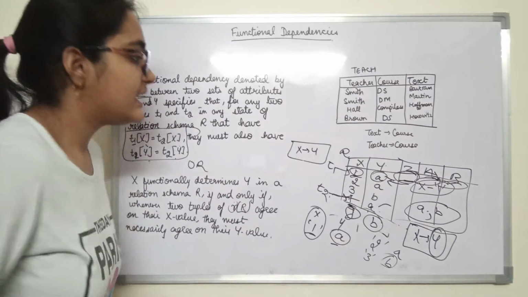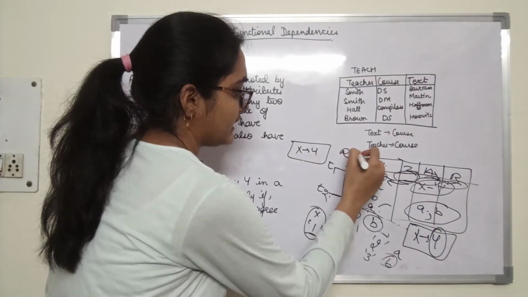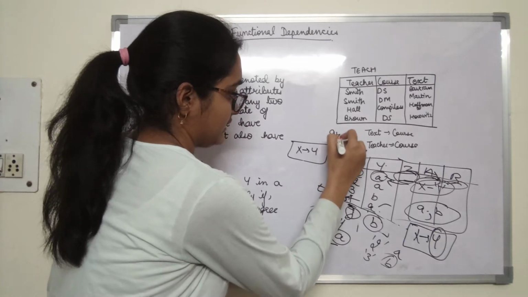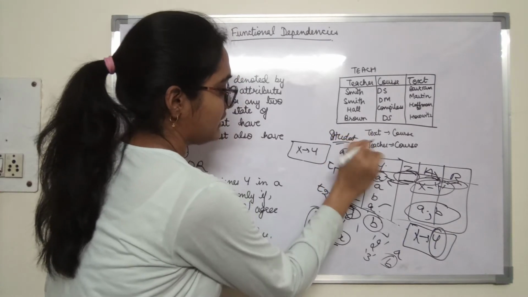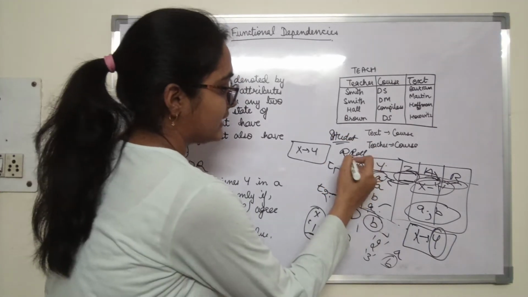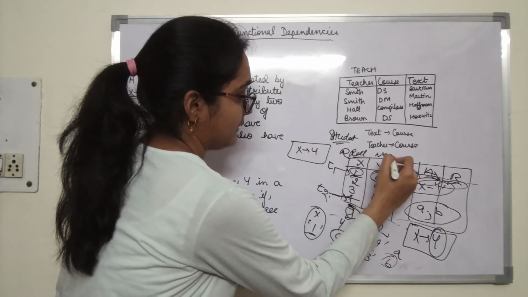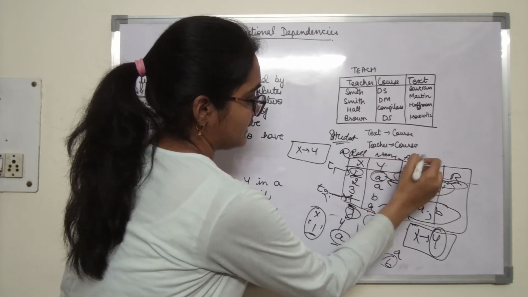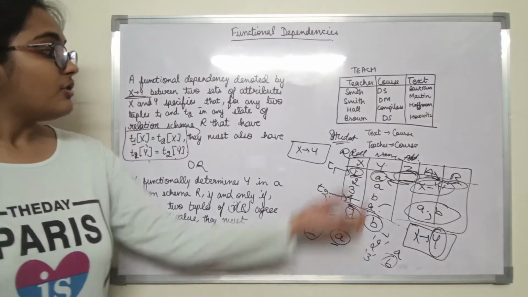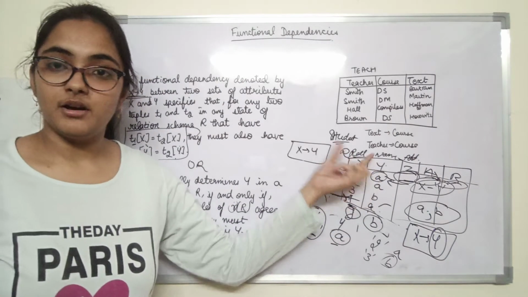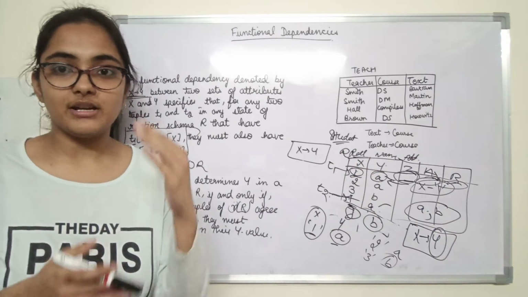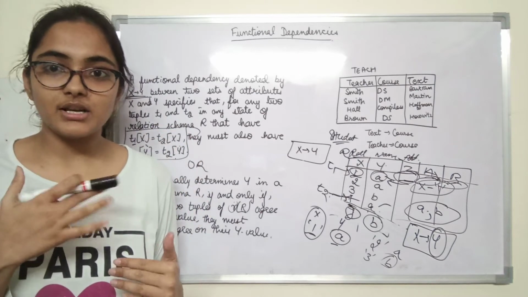What I'm trying to say is, let us say I have a relation schema student, and it has roll number and then name and then address and so on, right? So what is the meaning of roll number? Roll number means that every student will have a unique roll number in a particular class, right?